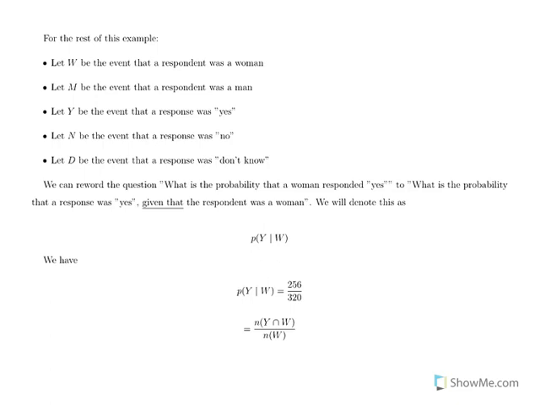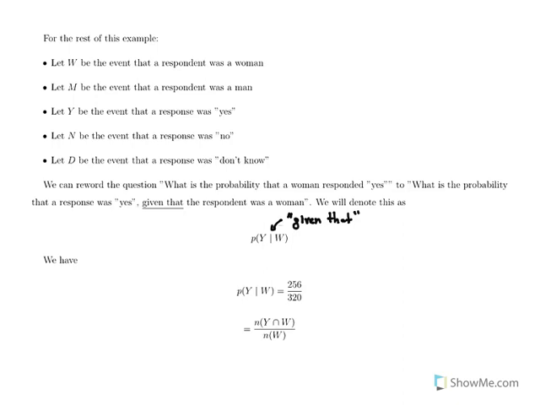And this is the key phrase we want to look for, given that. We denote this question with the notation P(Y|W), and that vertical bar is what we call given that. So again, this is the probability of Y, given that the respondent was a woman, W.